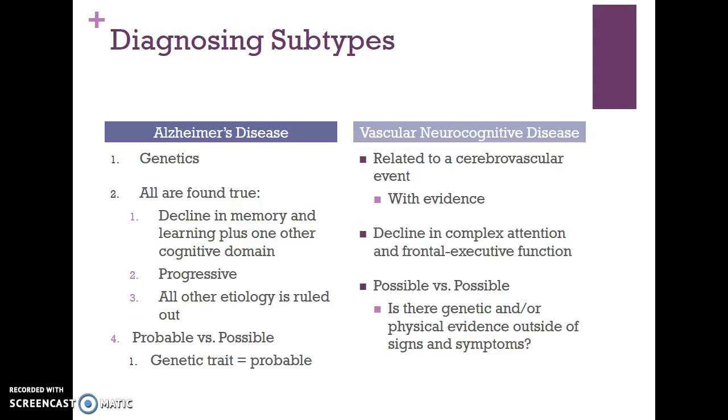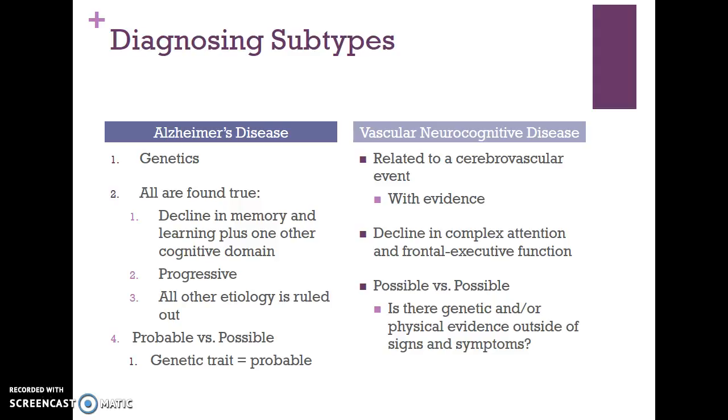No matter what the neurocognitive disorder or subtype is, however, it has to meet the previous criteria as described on the previous slide. So here you see two examples. One is Alzheimer's disease. In addition to meeting the earlier criteria, there are three things that need to be found true.